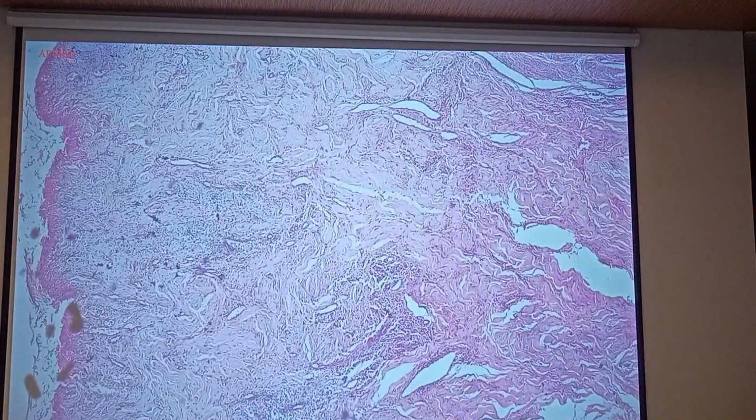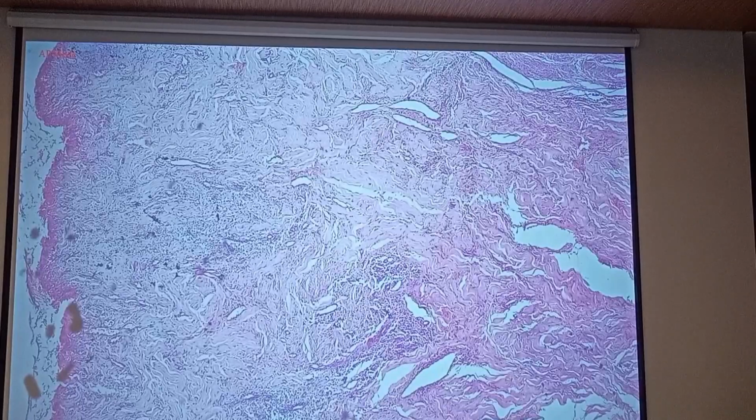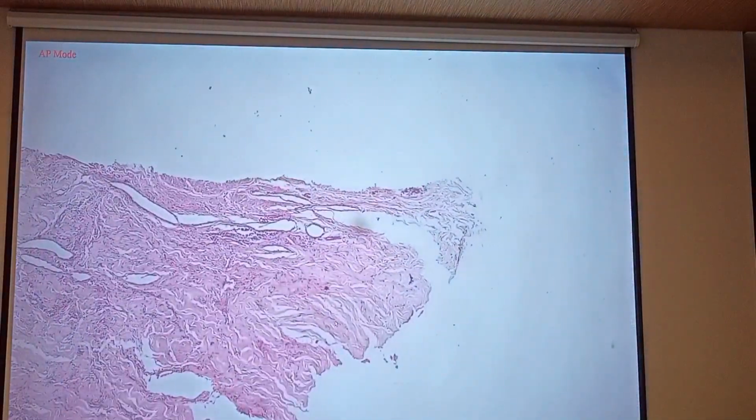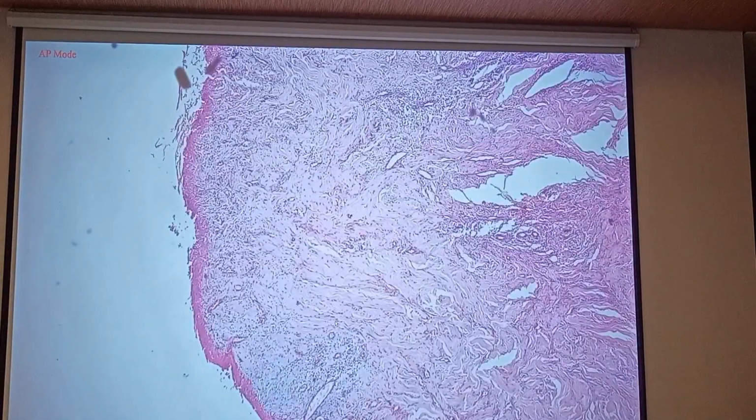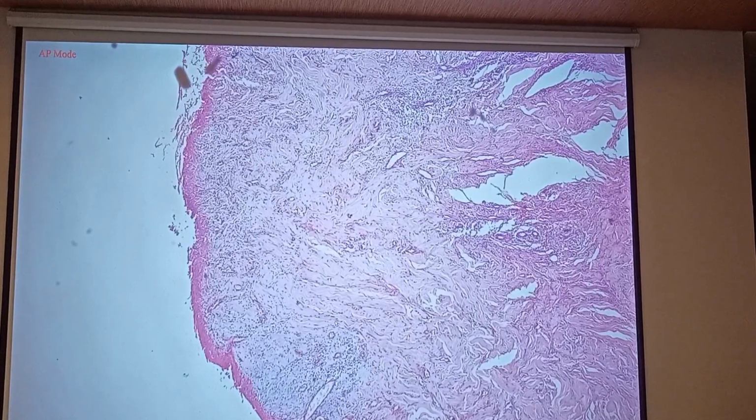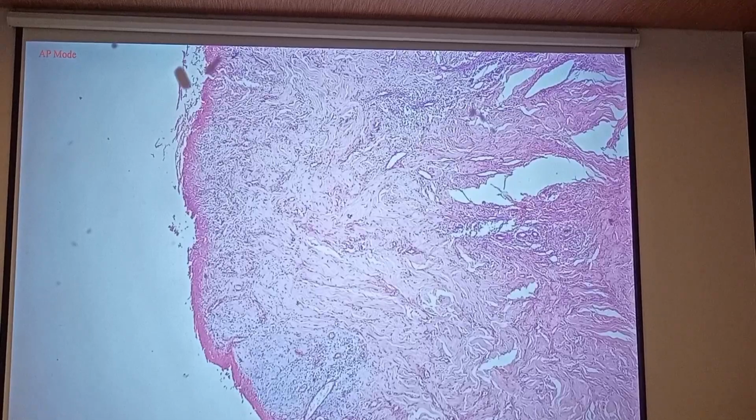So this is just part of a scar tissue. I did not even know where it came from because I could not find any indication that it came from somewhere. It's just a scar tissue perhaps, no? I could not even see epithelium in there. It's really just scar tissue.